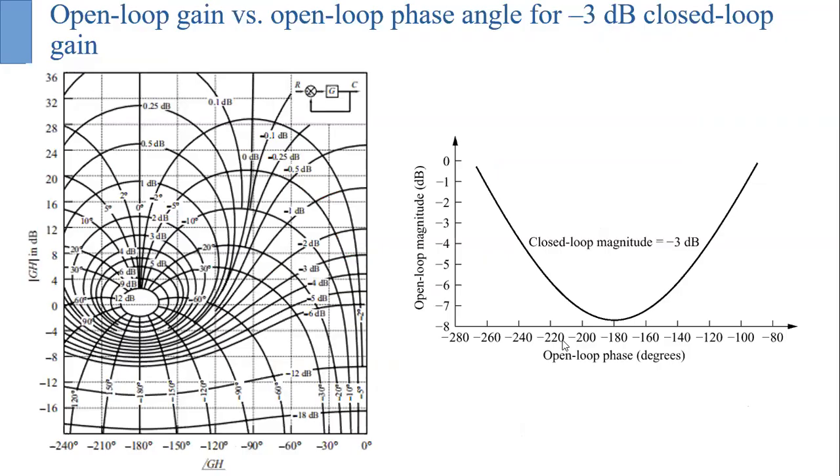Before going into solving a math problem, we have to see how we can graphically find the minus 3 dB point, or bandwidth.